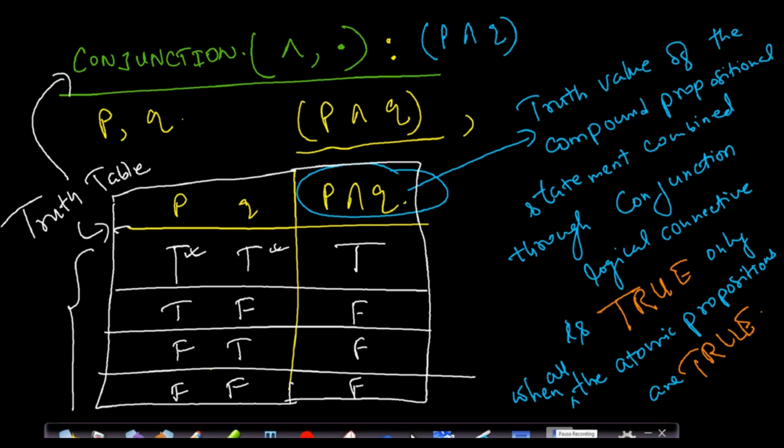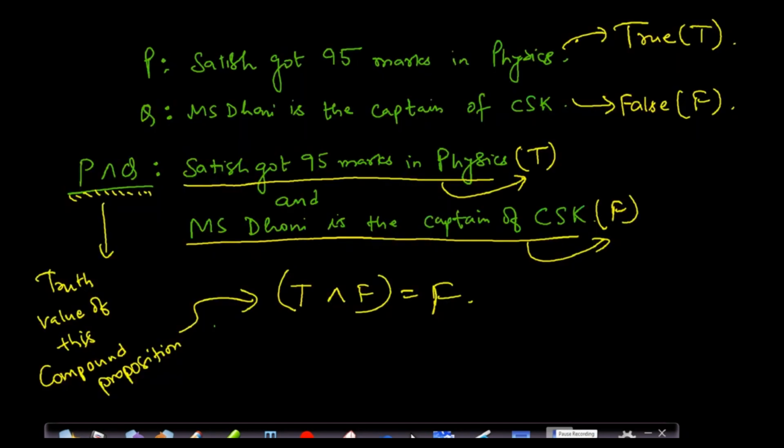So the next operator is disjunction. In disjunction, the compound proposition requires any of the participating propositions to be true. If any one of them is true, the compound proposition becomes true. So let's look at disjunction.